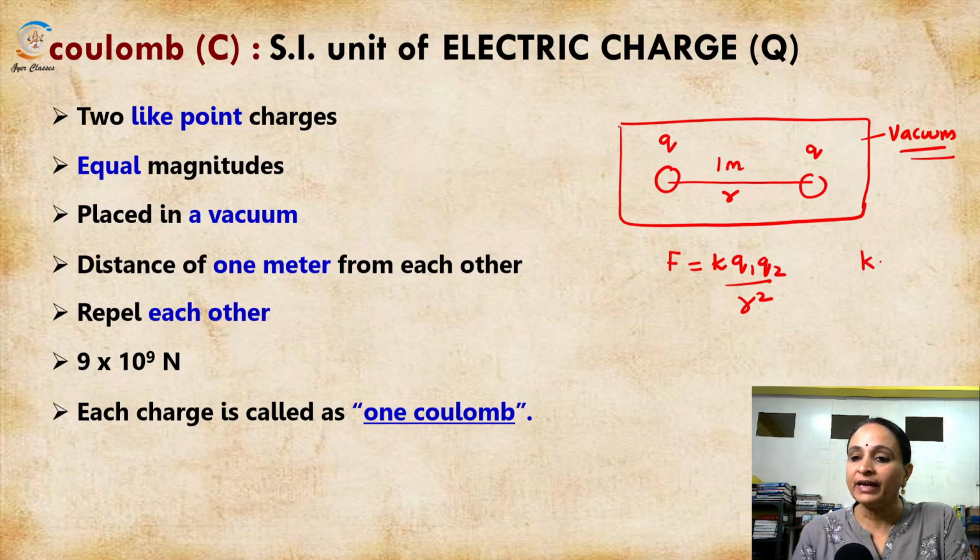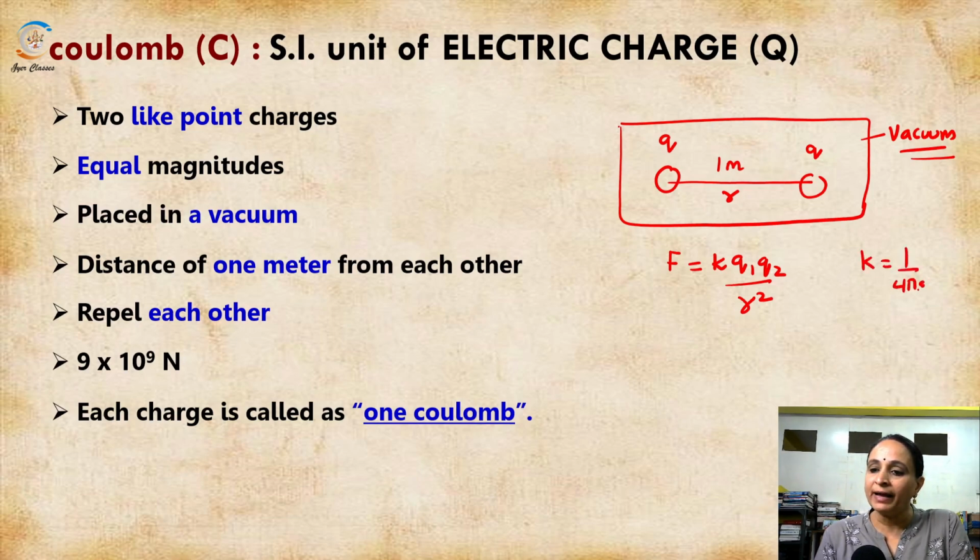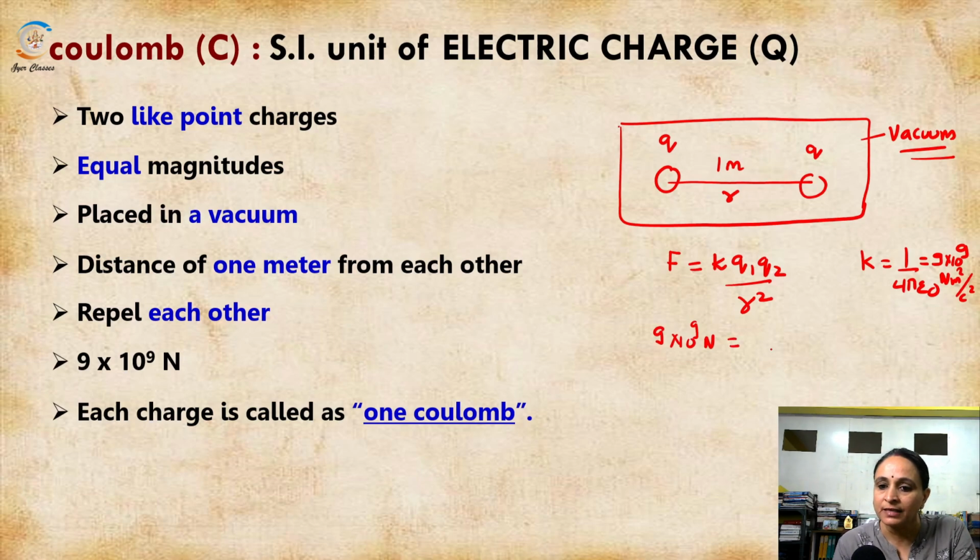So the value of k will be 1 upon 4 pi epsilon naught, and its value is 9 into 10 to the power of 9 newton meter square per coulomb square. So if you have this force as 9 into 10 to the power of 9 newtons, and this is q square, the distance is 1 meter, so r square is also 1 meter square, and this value is also equal to 9 into 10 to the power of 9, the value of 1 upon 4 pi epsilon naught.